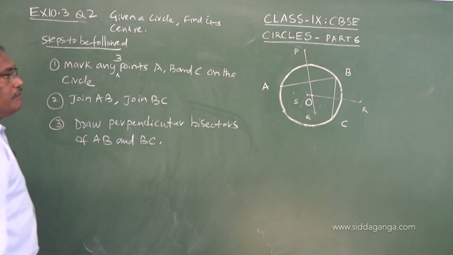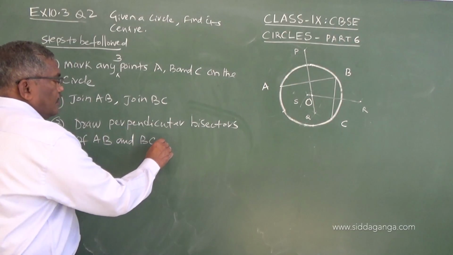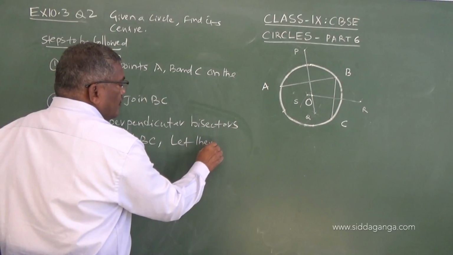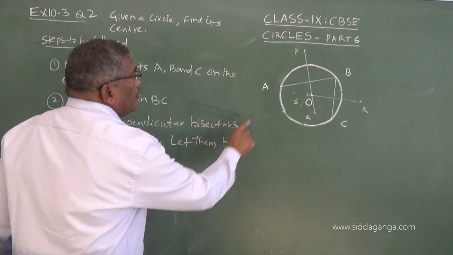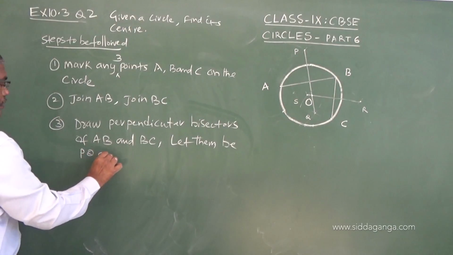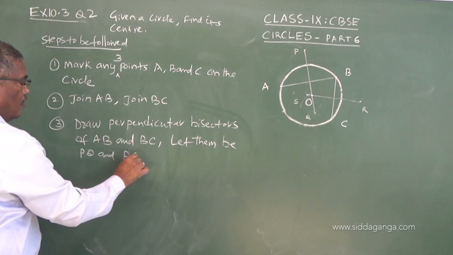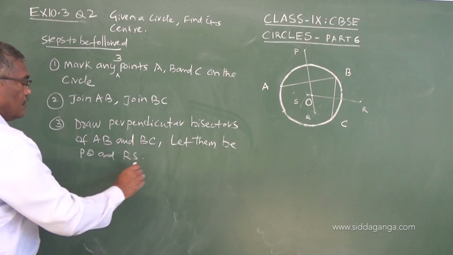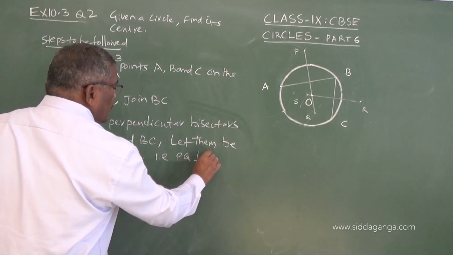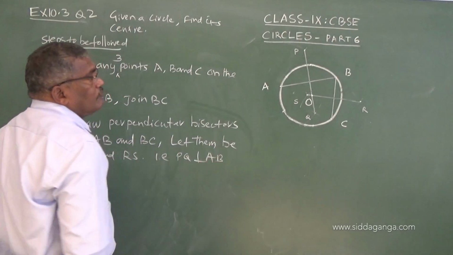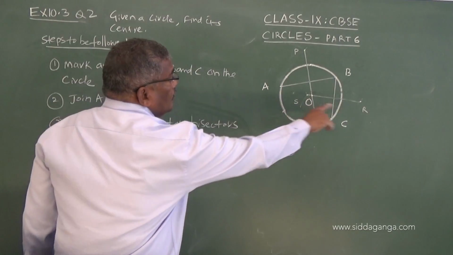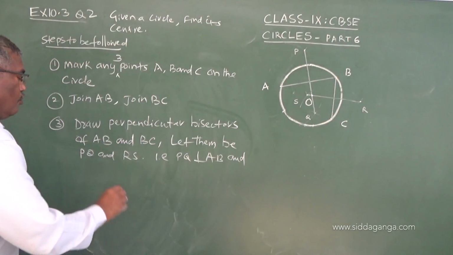Now, I will mark here, let them be PQ and RS. So, that is PQ perpendicular to AB and RS perpendicular to BC.